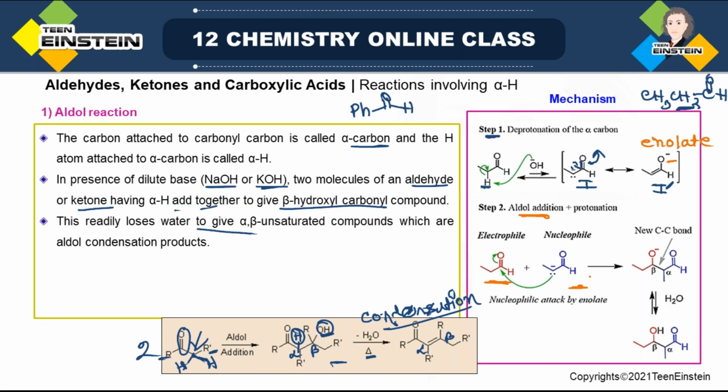The red compound's carbonyl group is attacked by the first generated carbanion. After that, there is a new CC bond formation in black color. Next, it will take a proton from water and you are getting the beta hydroxy carbonyl compound.